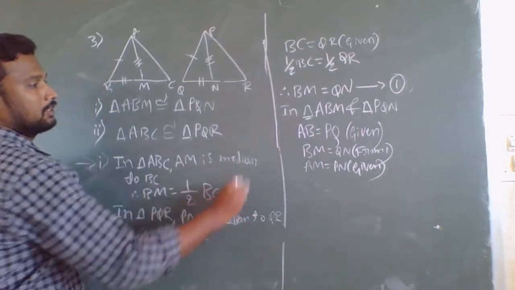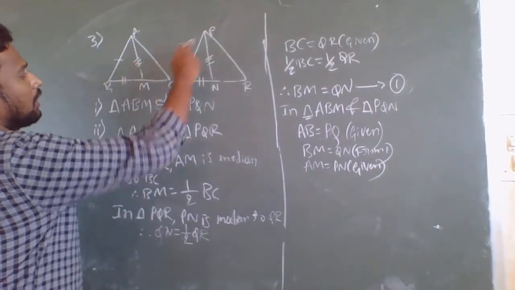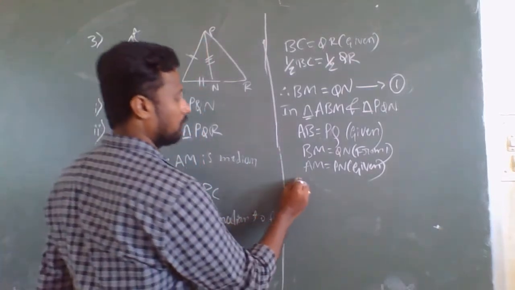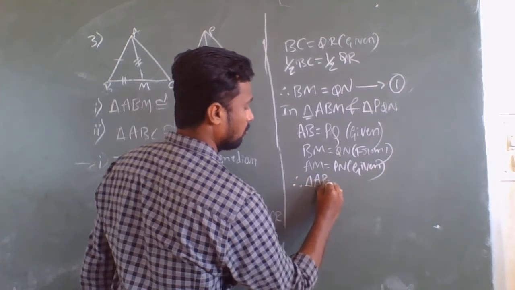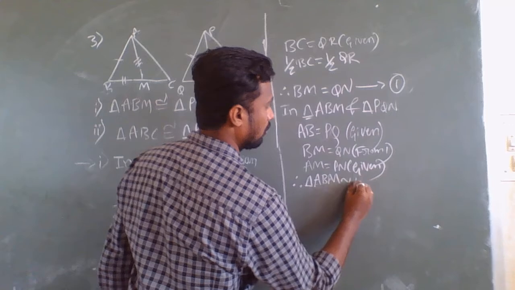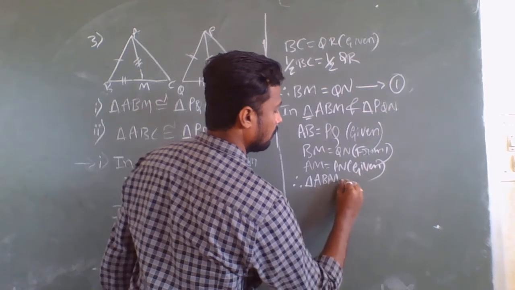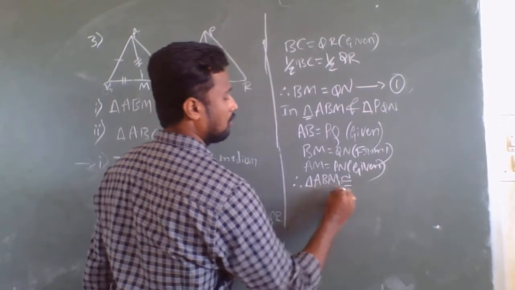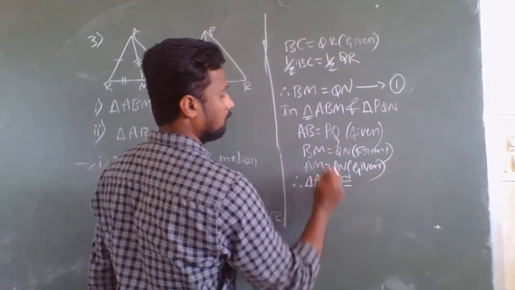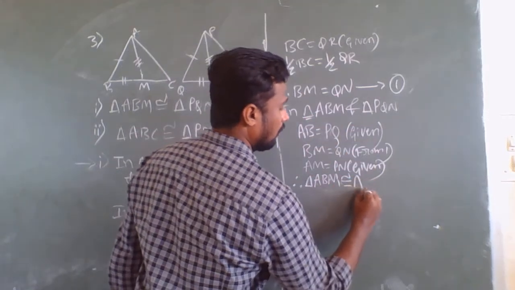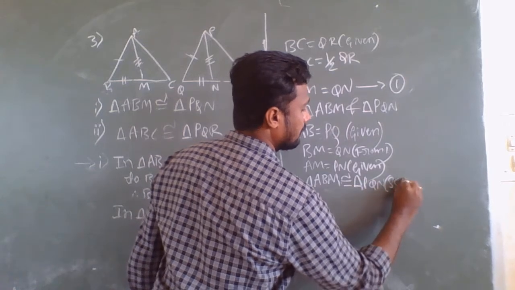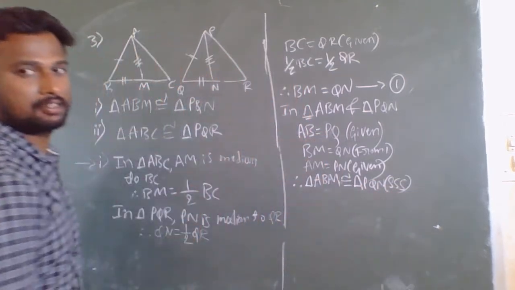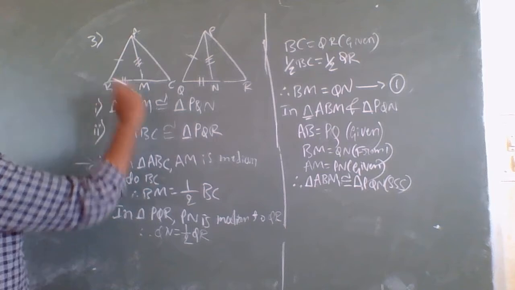Now three sides are equal in triangles ABM and PQN. Therefore, we can write that triangle ABM is congruent to triangle PQN by SSS, side-side-side.